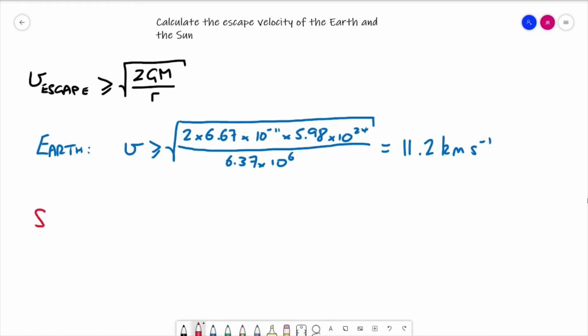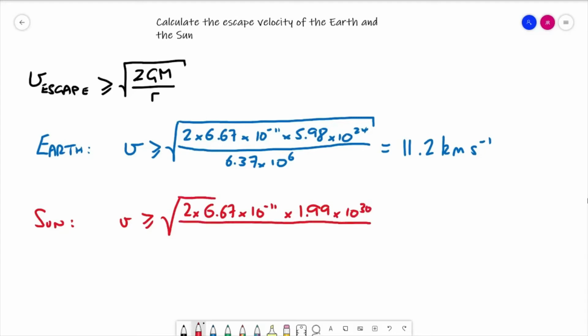For the Sun then, v is greater than or equal to the root of, same again, 2G, so 2 times 6.67 times 10 to the minus 11, multiplied by the mass of the Sun, so 1.99 times 10 to the 30, divided by the radius of the Sun, which is 6.96 times 10 to the 8 metres.